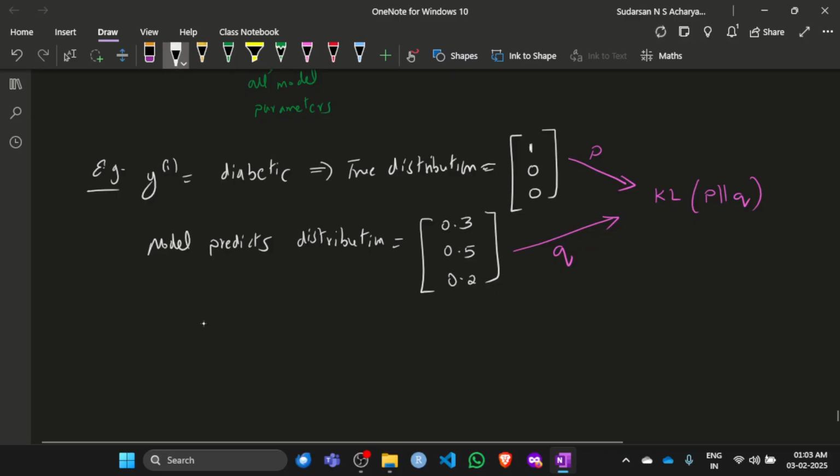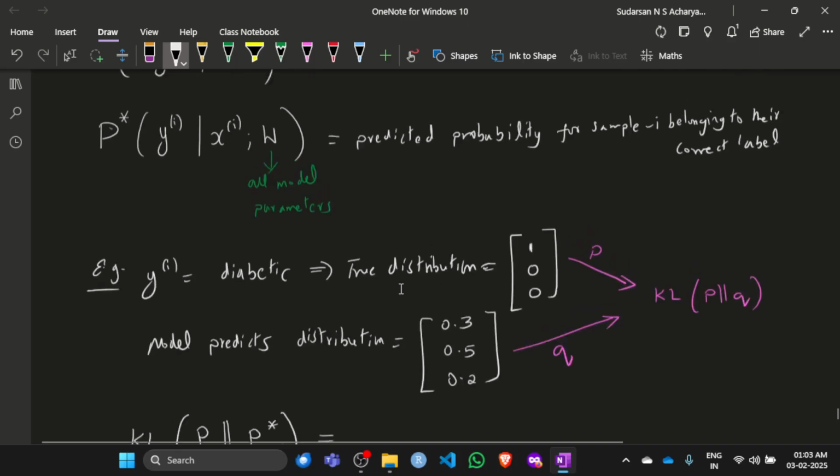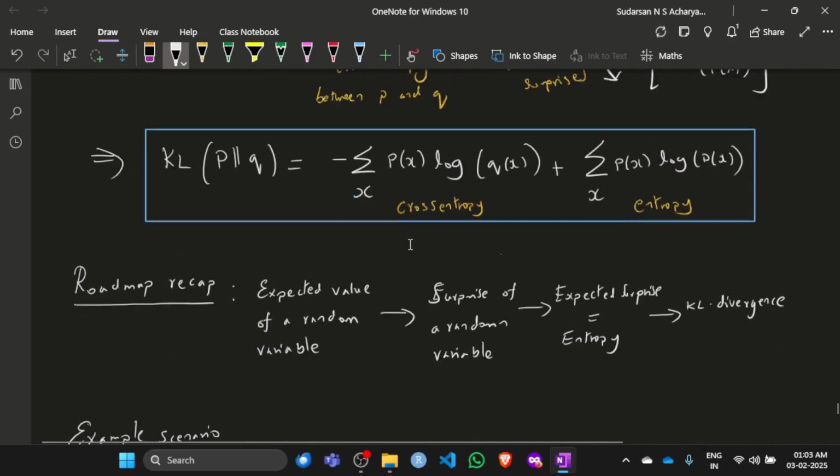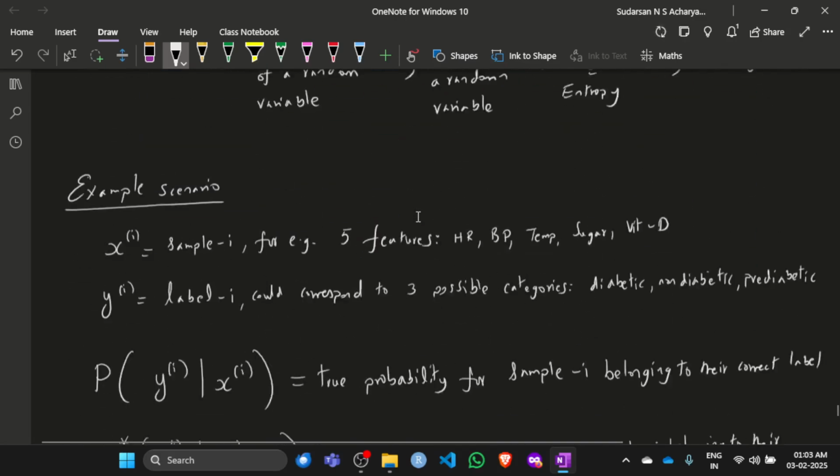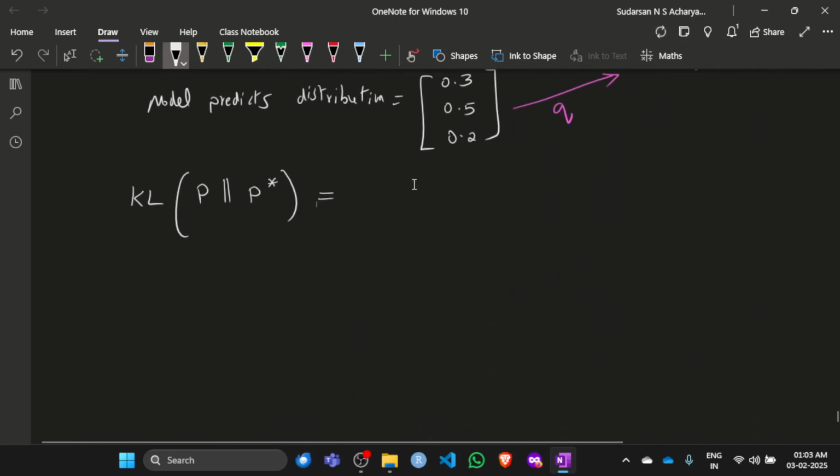That's the same as saying the KL divergence between your correct distribution P and what the model tells you, which is P star. So we're going to make use of the definition here. If I use that definition, you have the cross entropy between P and P star.